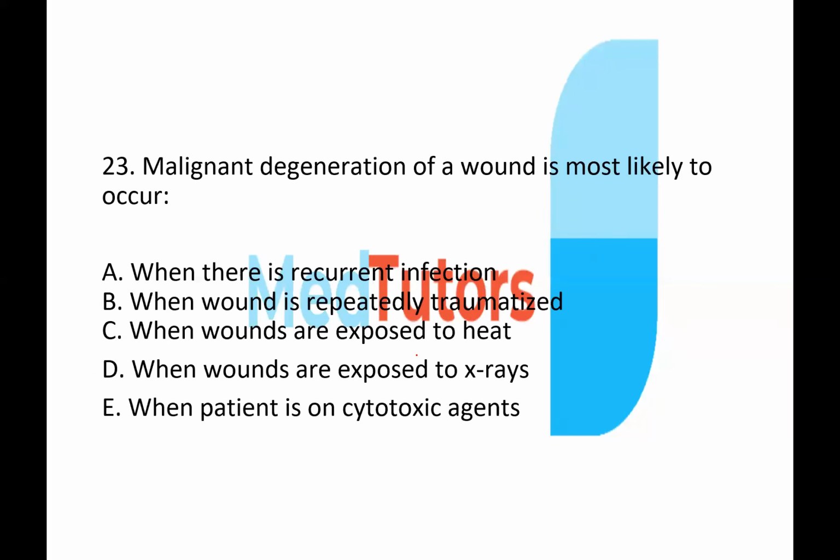Malignant degeneration of a wound is most likely to occur A, when there is recurrent infection, B, when the wound is repeatedly traumatized, C, when wounds are exposed to heat, D, when wounds are exposed to X-ray, E, when the patient is on cytotoxic agents. Option F, all of the above?